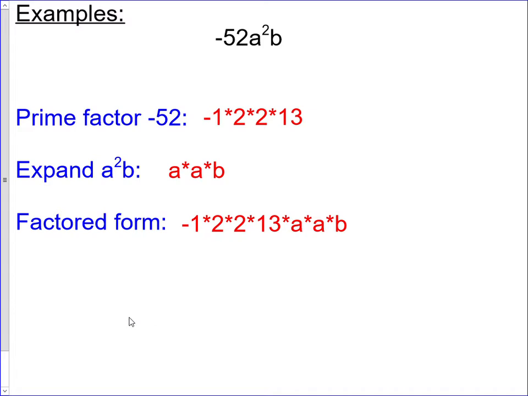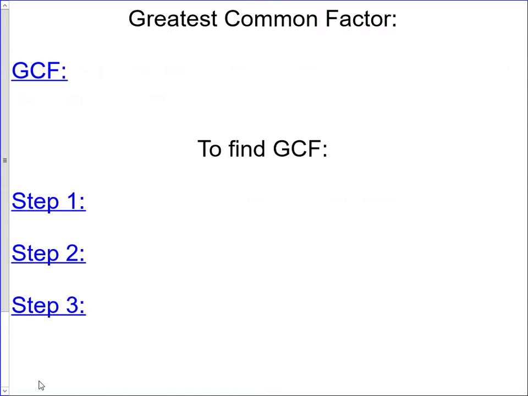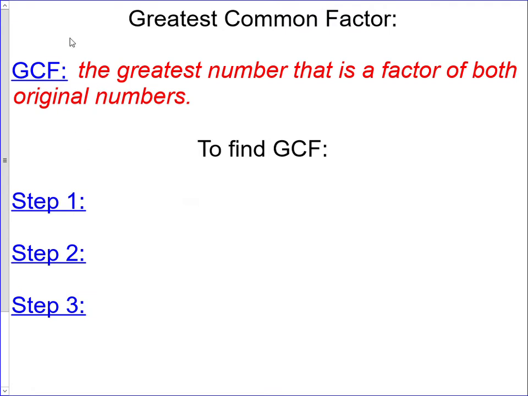Now the other thing we're going to be doing today is looking for the greatest common factor between a pair of monomials. So let's take a look at this. The greatest common factor is the greatest number that is a factor of both original numbers. Okay, there's 3 steps to this.